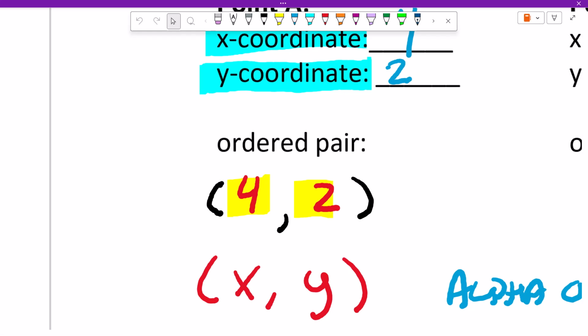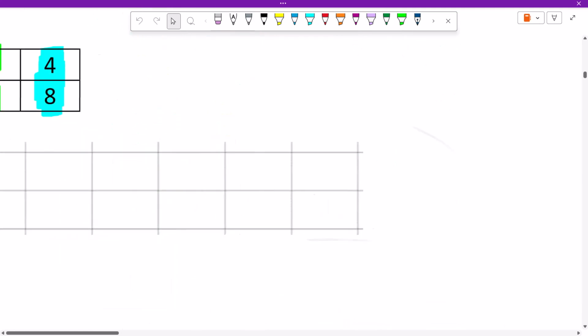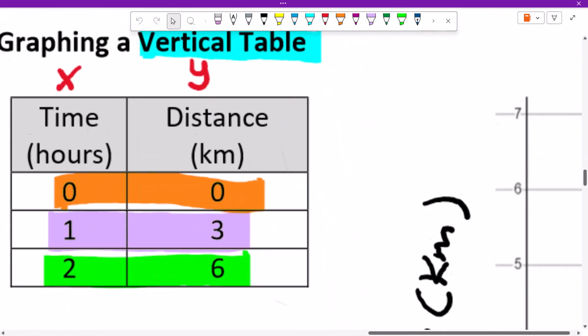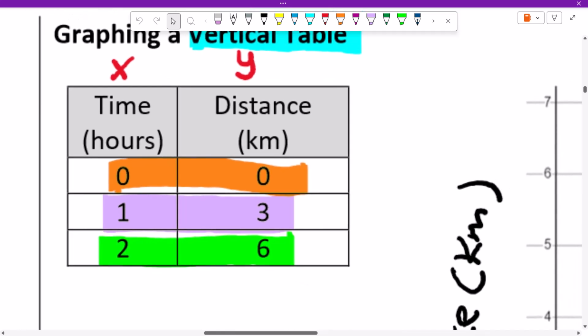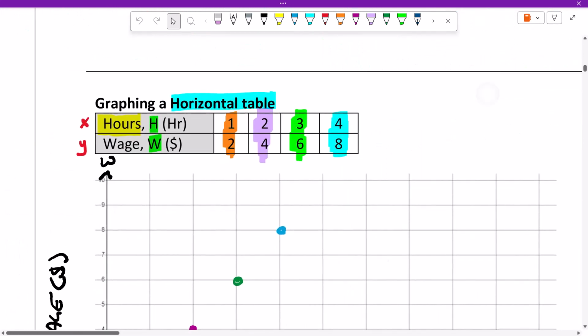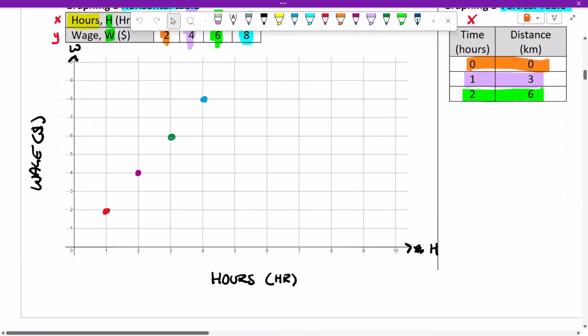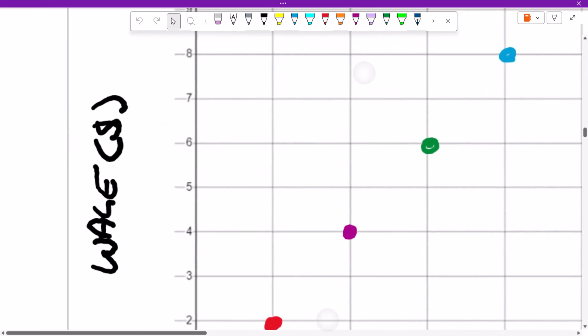All right? When we have a vertical table like this, and you have two columns, x first, y second. When you have a horizontal table, when you read a page, you go from top to bottom. X first, y second. So it's always x, then it's y. Other things we talked about: make sure you have names on your axes.